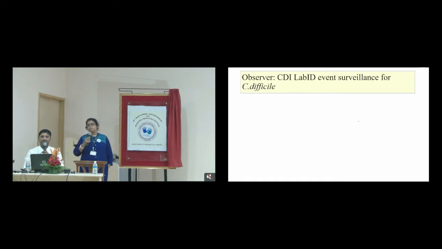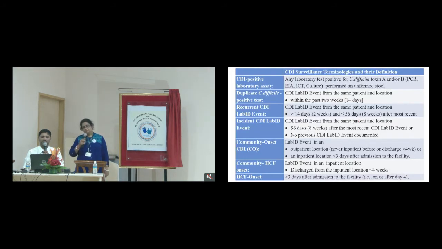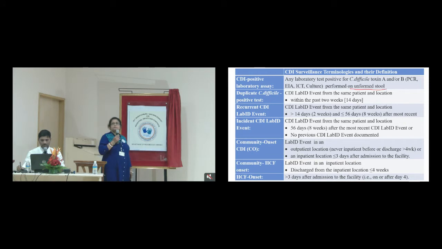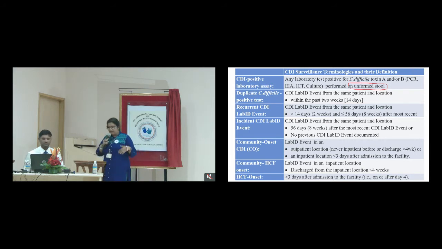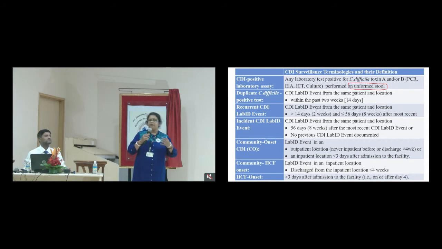The stool has to be unformed stool. Only those samples need to be tested for toxin A and B. And pediatric samples like NICU samples, surveillance shouldn't be done on them. Why? For the neonatal cases, it is believed that they are generally asymptomatic carriers, less than 1 year of age.